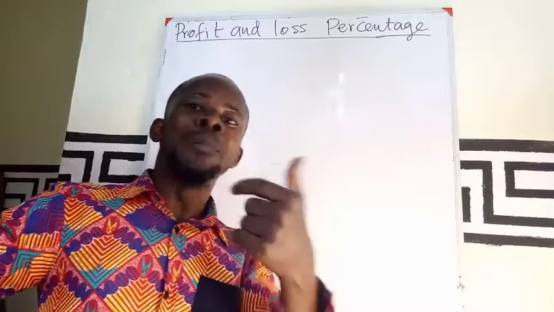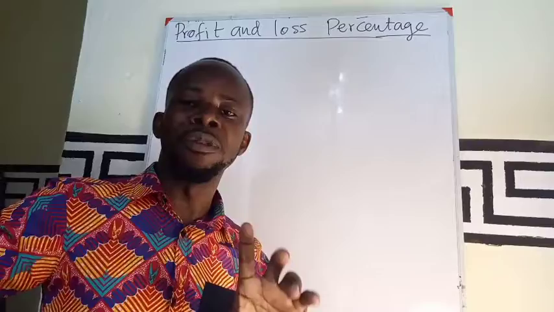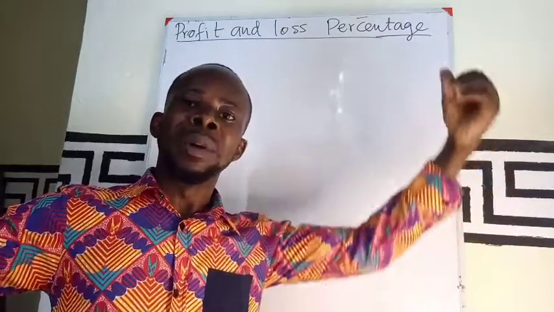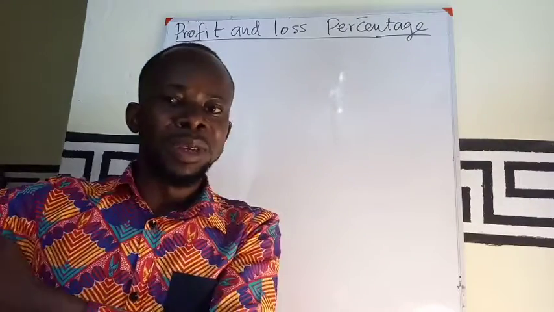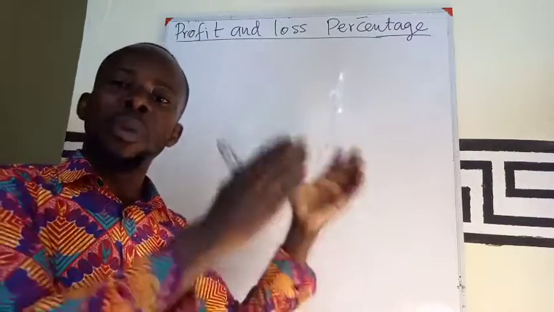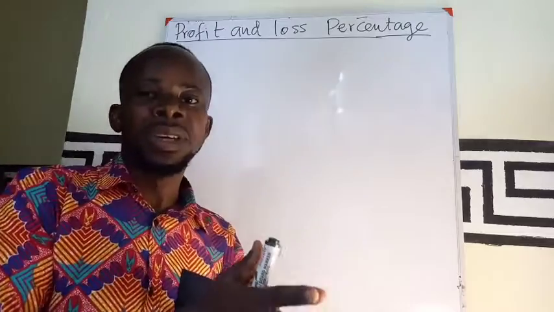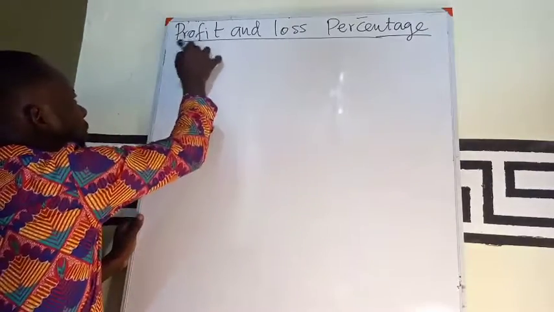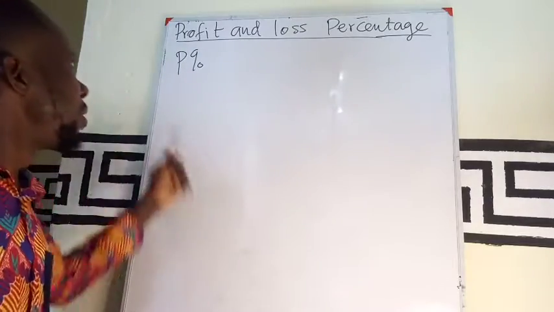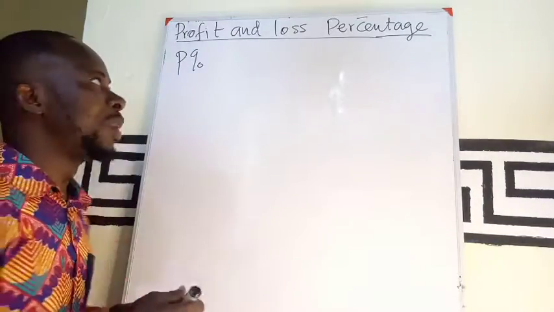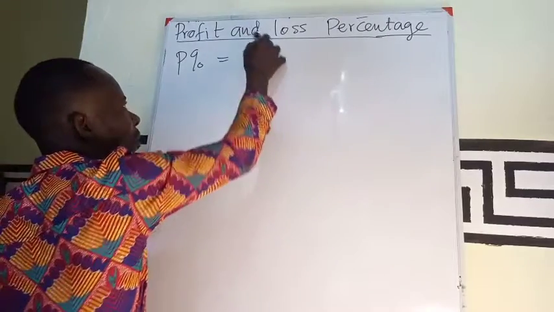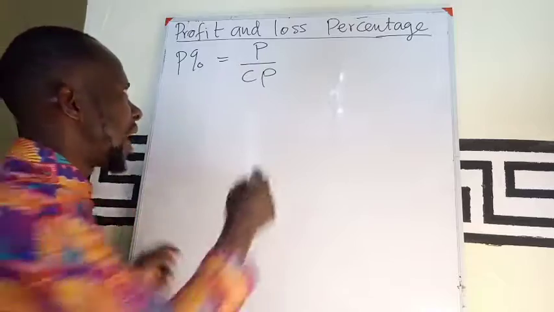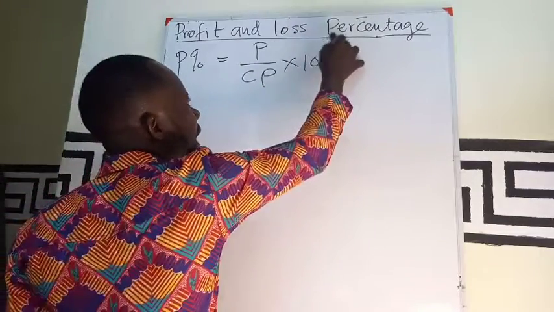So since we are saying a percentage is a fraction of the two times 100, we are comparing the profit to the cost price. It means we are going to express the profit and the cost price as a fraction, then we multiply by 100. So if I use P% to represent profit percent, it means that I will express the profit and the cost price as a fraction, then I multiply by 100%.